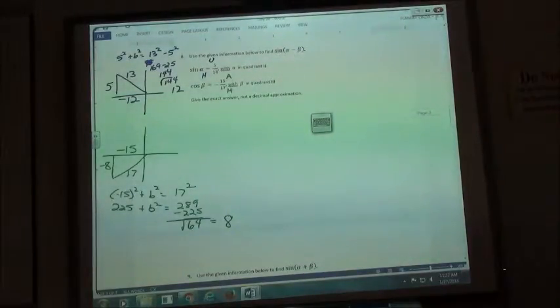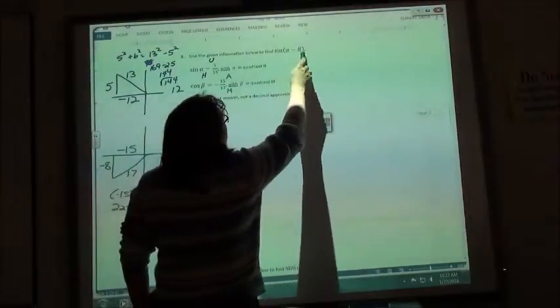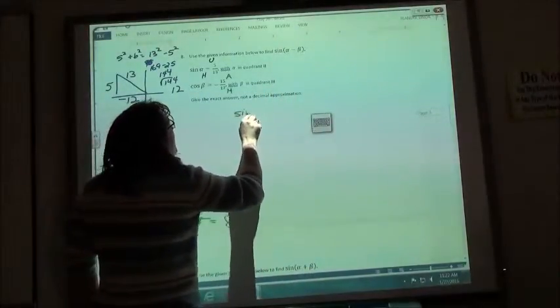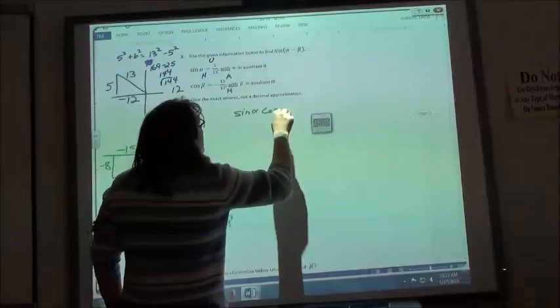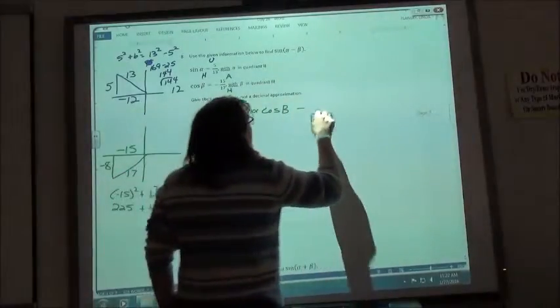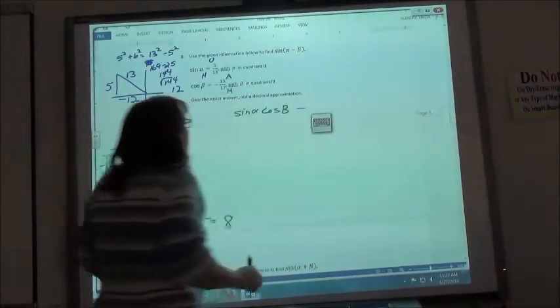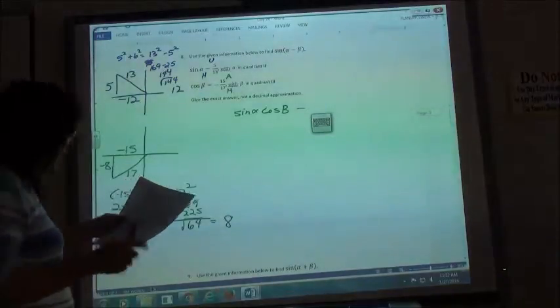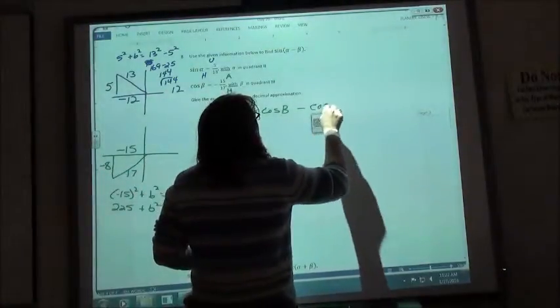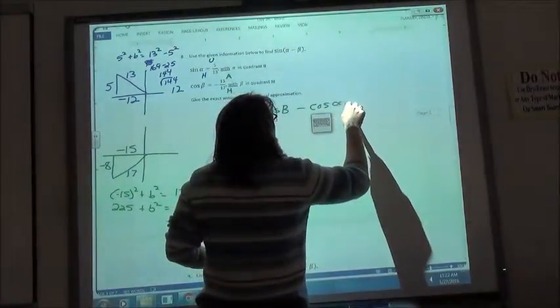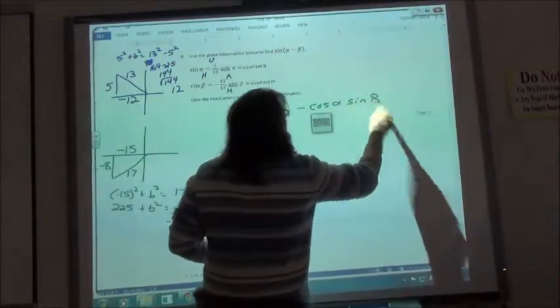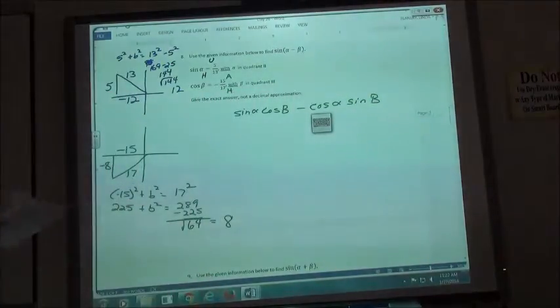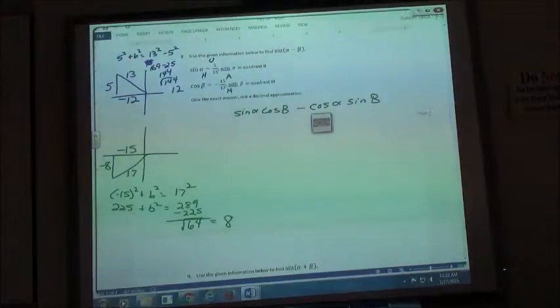Now I need to worry about doing the sine of alpha minus beta. That's going to be the sine of alpha cosine of beta minus, and then I'm going to look that up there, cosine of alpha, switch that around, and sine of beta then. So sine of alpha, cosine of beta, cosine of alpha, sine of beta.